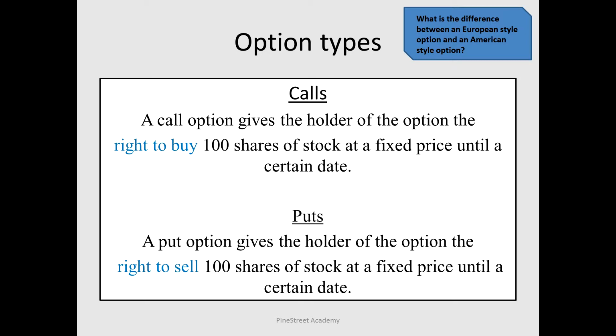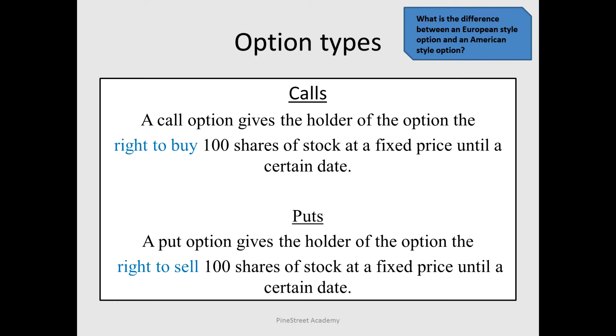You could let it expire worthless, or if it's to your advantage, you could buy 100 shares of stock and exercise the option. That's the advantage with options: you have the choice to either buy or just let the option expire worthless.